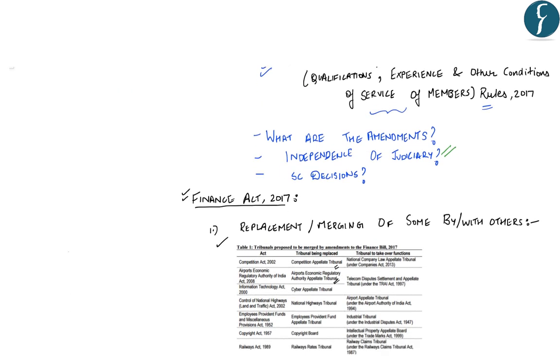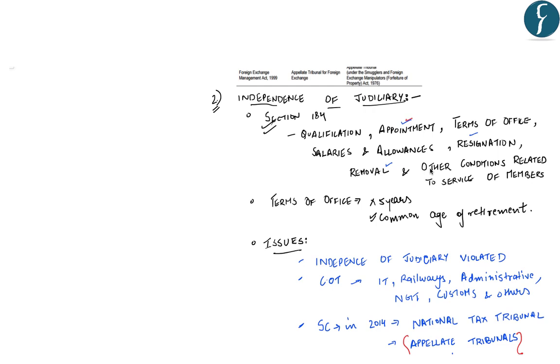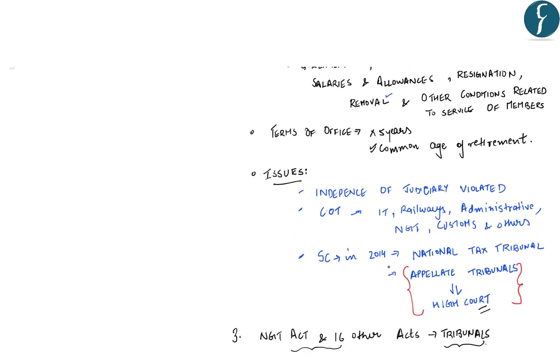We should also know the previous Supreme Court decisions with respect to the tribunals, which means we should know that tribunals in the Indian political system or Indian adjudication system are equivalent to High Court, and therefore their independence is as sacred as that of High Courts and other courts of judiciary.